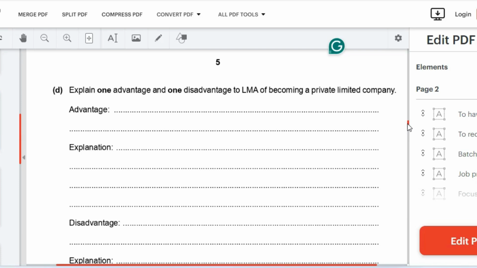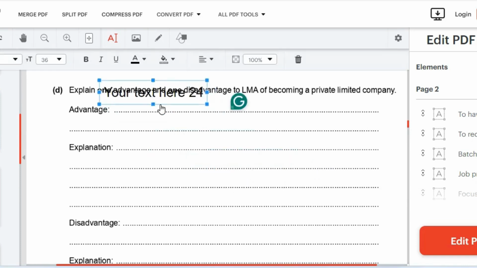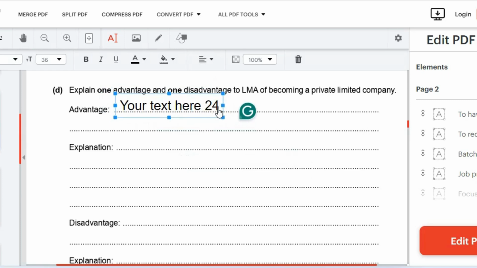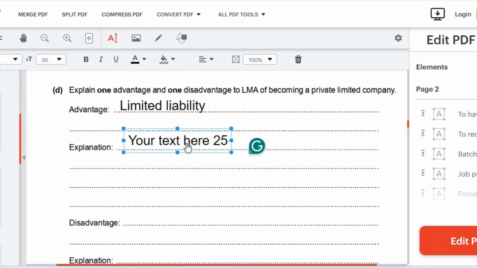Of course, it will have limited liability. Let us put the text here. One of the advantages is having limited liability. Let us give a little explanation here on the limited liability.